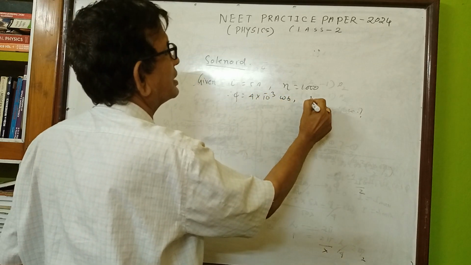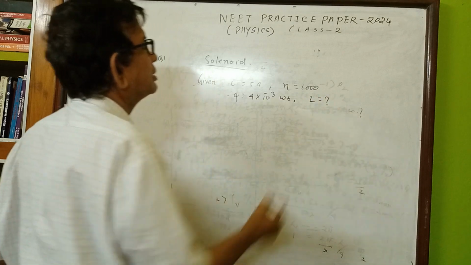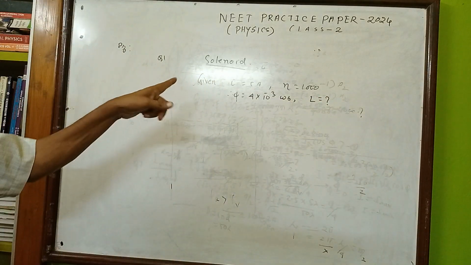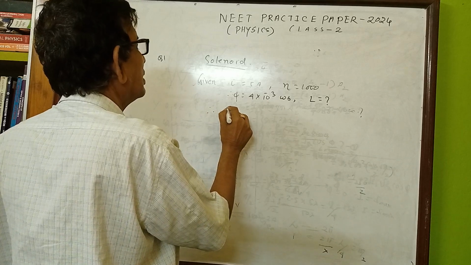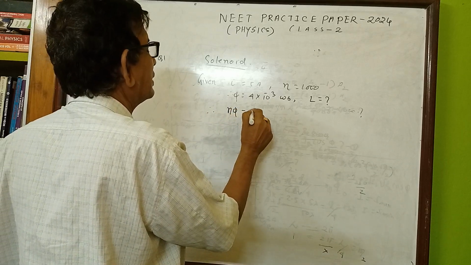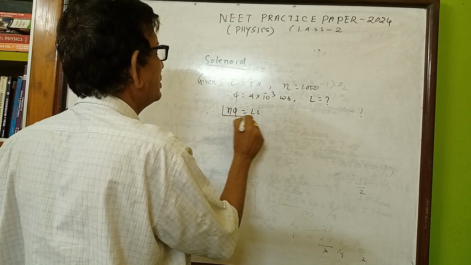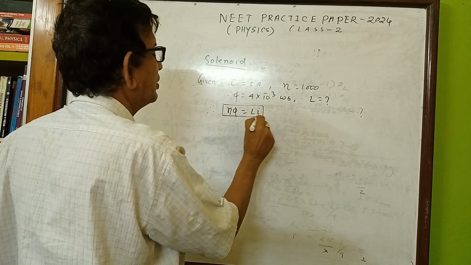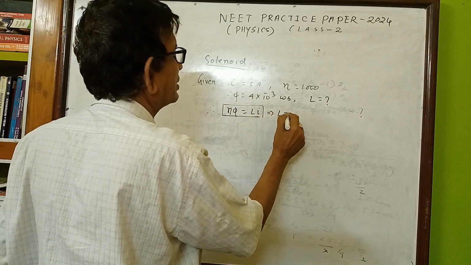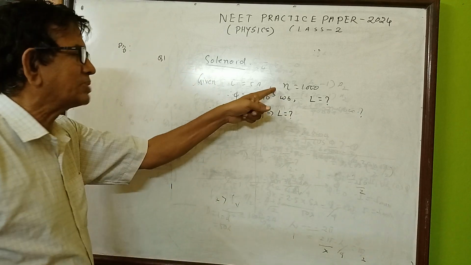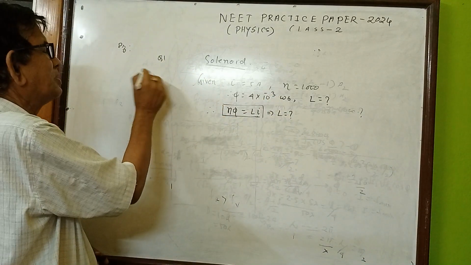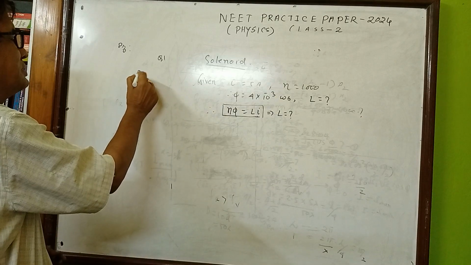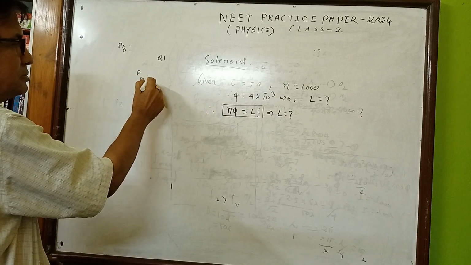They are asking what is L. Clear? So this is the data you already know. N phi equals L i. This is a very important formula. So from that formula you can always calculate L. If you put all these values, then you get L. That is problem number 8.